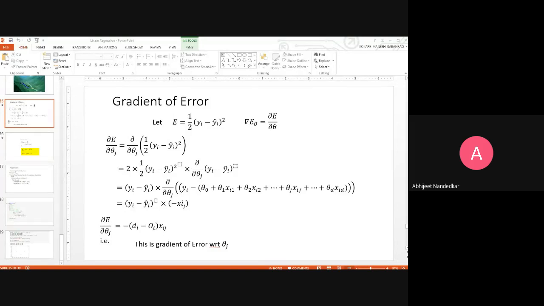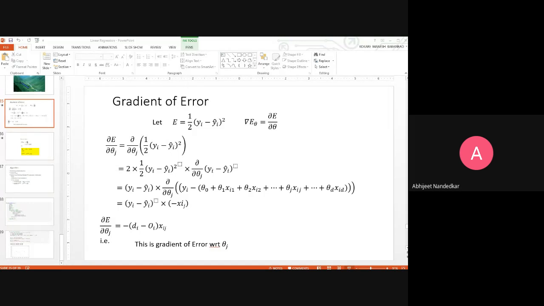Now the first position of my matrix is always 1. Why is this always 1? Since xi0 is always 1, I have to keep that position always 1. This position is 1, this position is 1, this position is 1, so that is reflected over here. This is just a trick to convert the complete equation into x theta format.